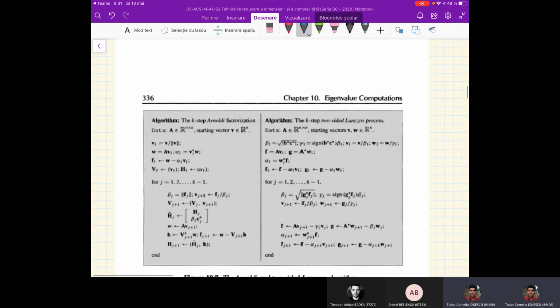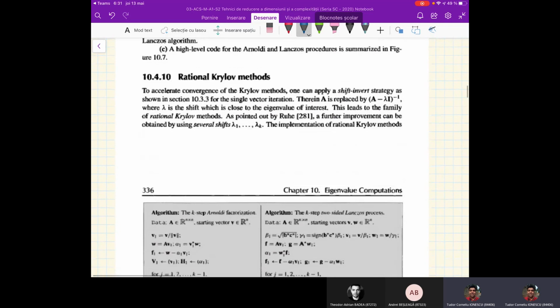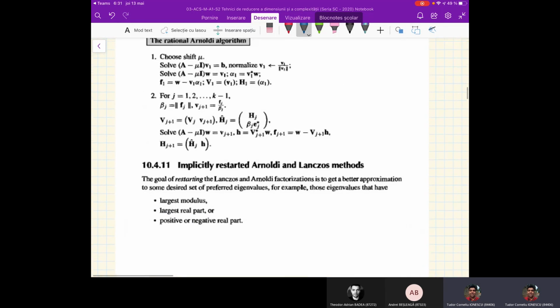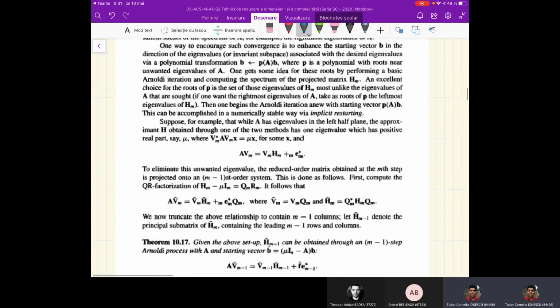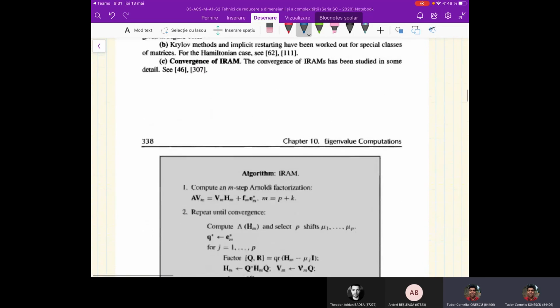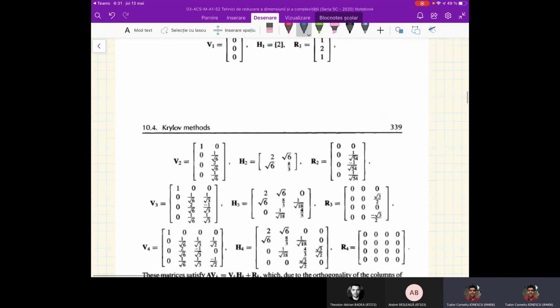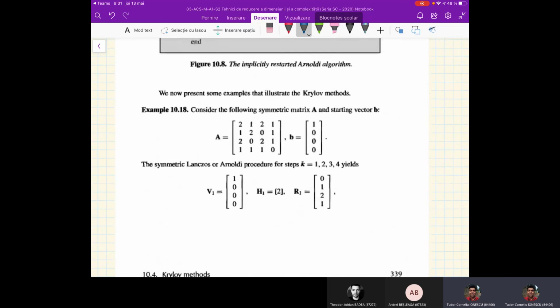There are also other versions of these algorithms, which you can look at. There are all sorts of versions and improvements. And here are some examples.